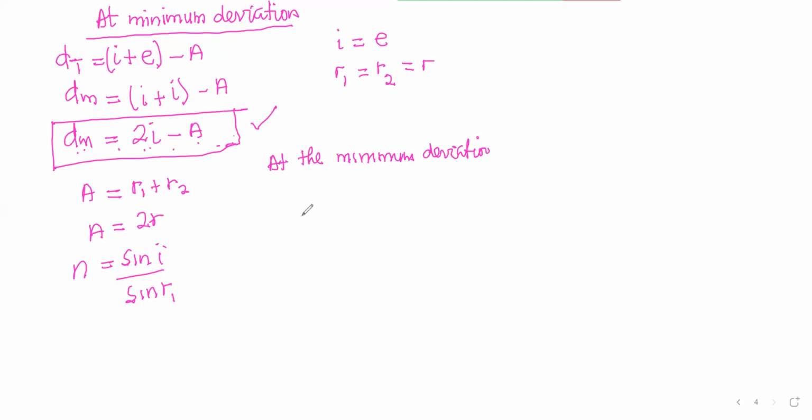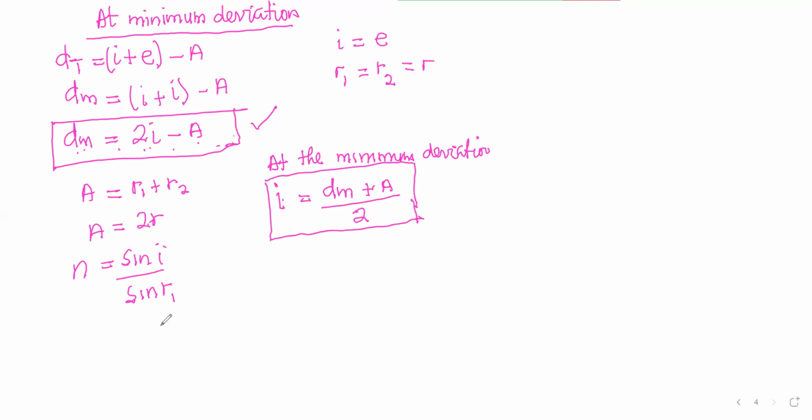Help me make I the subject from this equation. It will be the minimum deviation plus A over 2. So I will be equal to the minimum deviation plus A divided by 2.